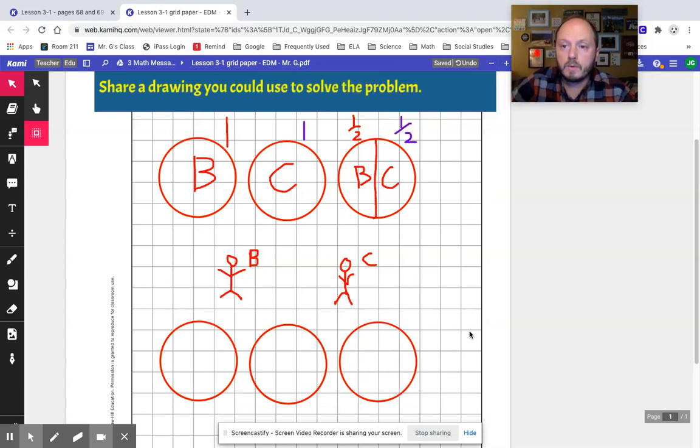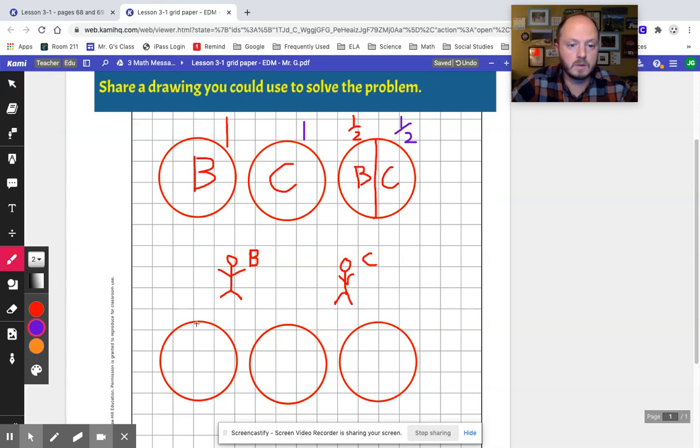So another way we could share these pizzas is that each person gets actually a half, right? So we could say, and I'm going to use the purple pen still just to show that there's a different way to do it.